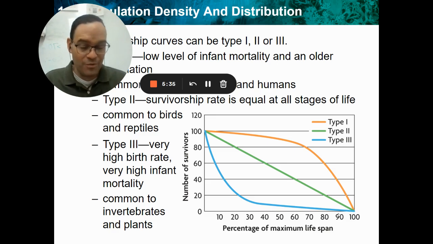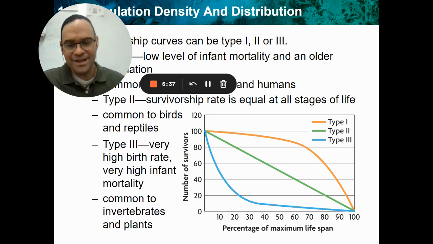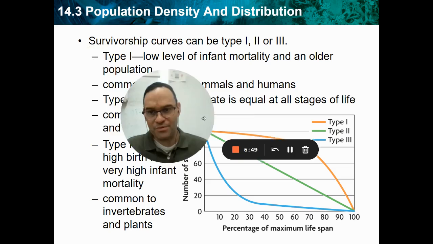So in the end, everyone ends up dying. That doesn't change. But what's different is how you get there and your ability to adapt to an environment should things change. And that's it for chapter 14, section 3.